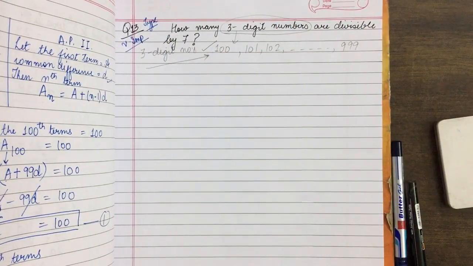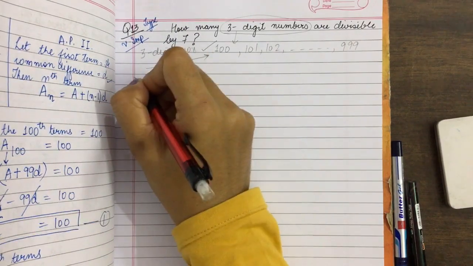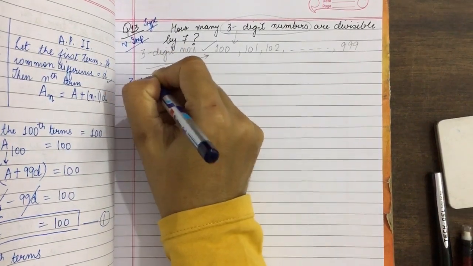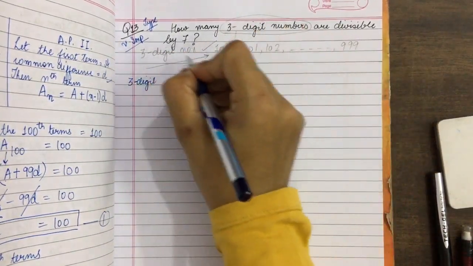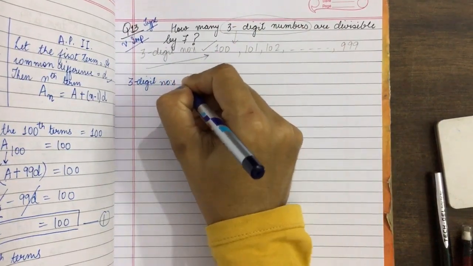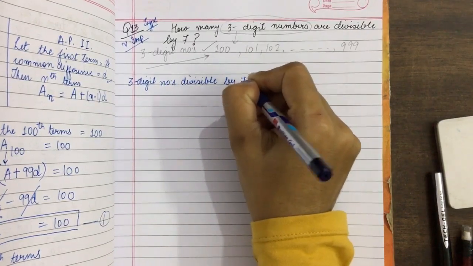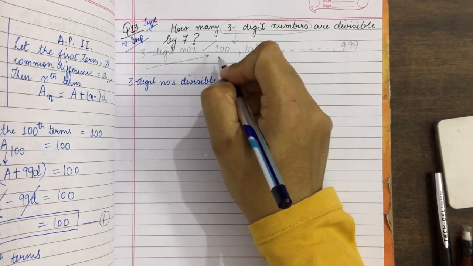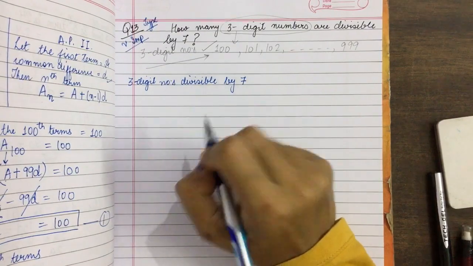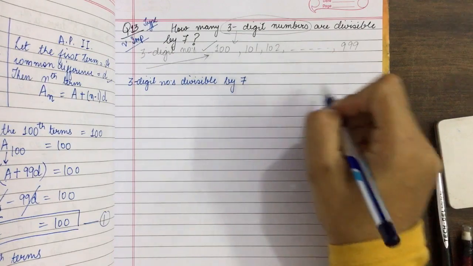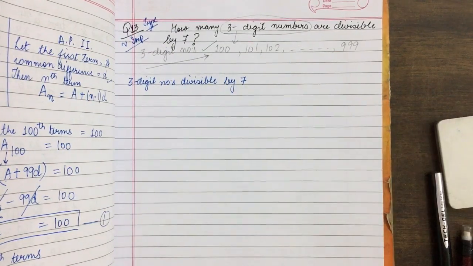Out of these 3-digit numbers, let's write down which numbers are divisible by 7. Remember, we have to pick from this list the 3-digit numbers divisible by 7. Starting from 100, 100 is not divisible by 7. 101, it's not divisible by 7. 102, you can do the division in the working column if you want, and find out for yourself.